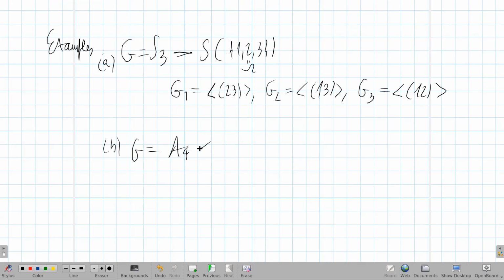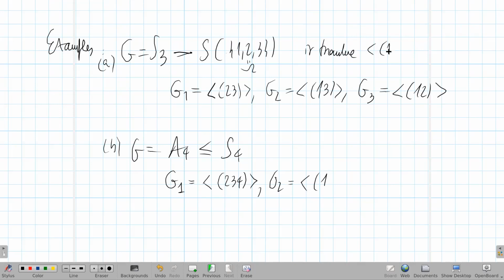So A4 is a subgroup, this time a subgroup of S4, so a group of permutations on 1, 2, 3, 4. What are the stabilizers? Well, one sees immediately that the stabilizer of 1 is generated by the 3-cycle on 2, 3, 4. The stabilizer of 2 is generated by, of course, A4 is transitive, okay? Well, why is it transitive?